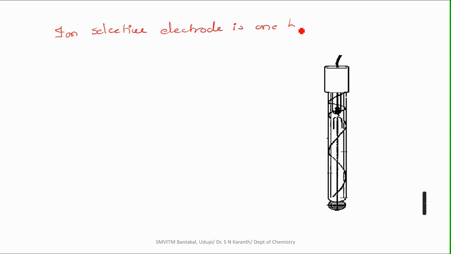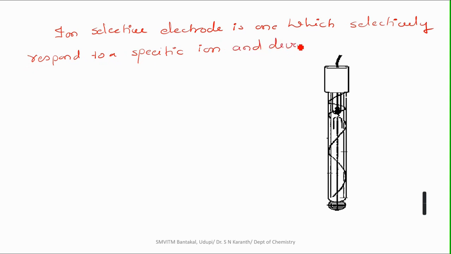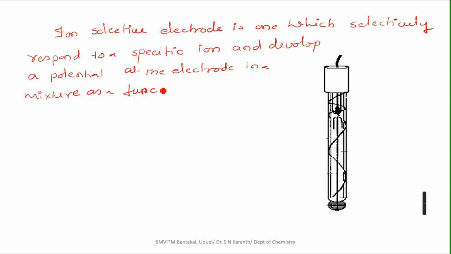is one which selectively responds to a specific ion and develops a potential at the electrode in a mixture as a function of the concentration of that ion in a solution.